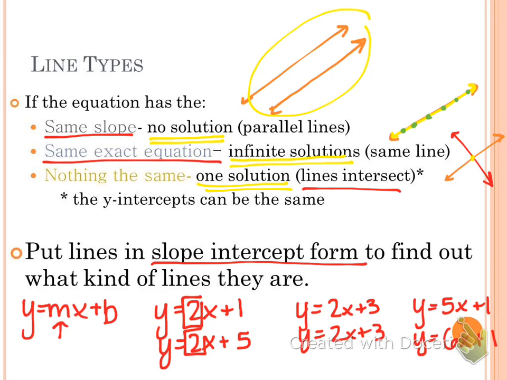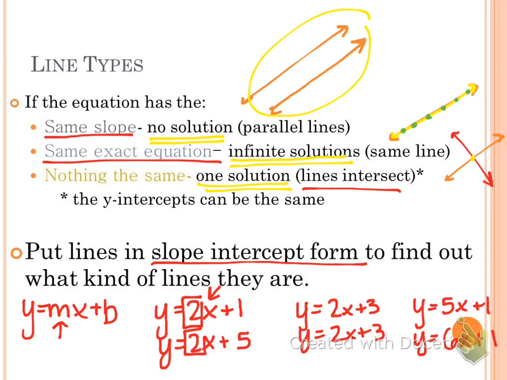So I have three different types of line. Parallel lines, which means they have the same slope, or the same letter or number in front of x, and that means they're going to have no solution at all. They'll never ever touch. Then the second type of line I have is the same line, okay?